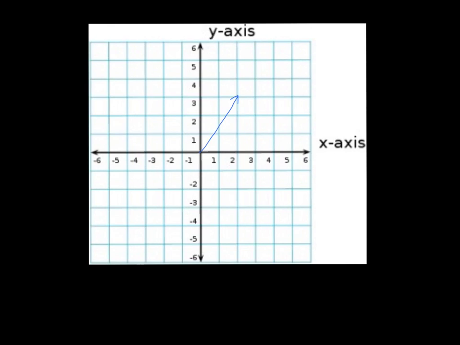So its components are, of course, 2 and 3. I would like you to find, first, its magnitude, which is really just its length. And the second thing, I want you to find this angle here, the angle that it subtends with the horizontal, that we normally call theta. That is the first problem.